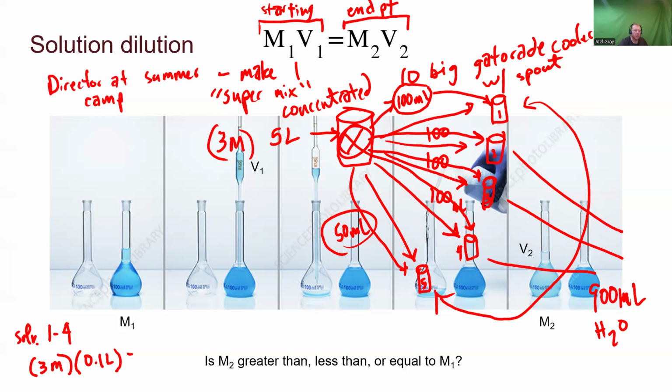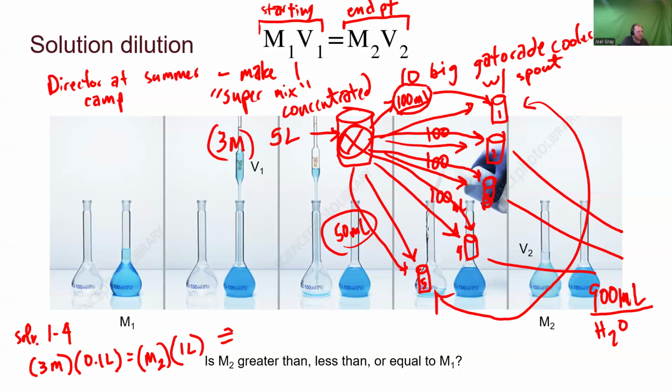Now I'm going to set that equal to my endpoint. My endpoint, do I know my concentration? I do not. But what I do know, so I'm going to put an M2 here. What I do know is what is the volume of this solution? Well, the total volume is 100 milliliters plus 900 milliliters, also known as 1 liter. So I'm going to say 3 times 0.1.